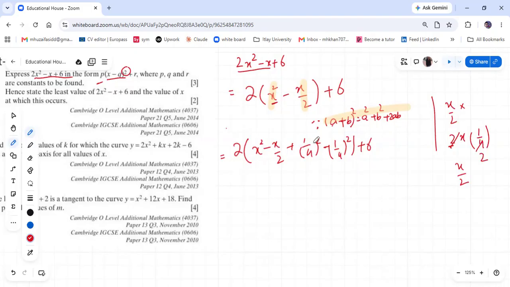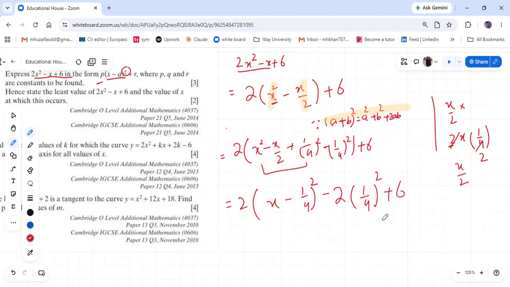Understand? So look at it here. On the basis of this, we are saying 2 into x minus 1 over 4 whole square, minus 2 into 1 over 4 square, plus 6.